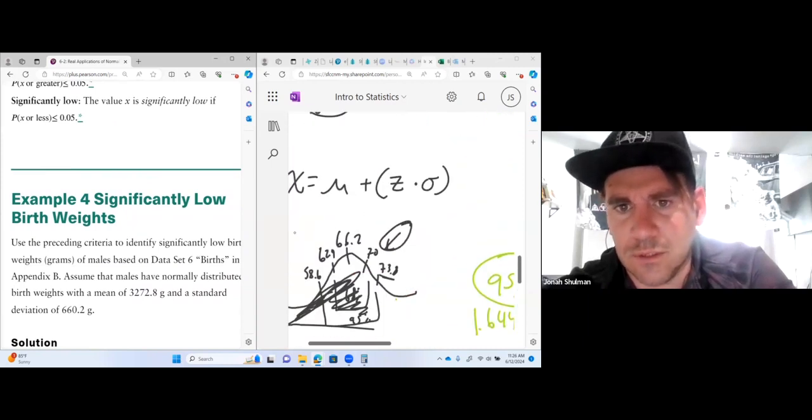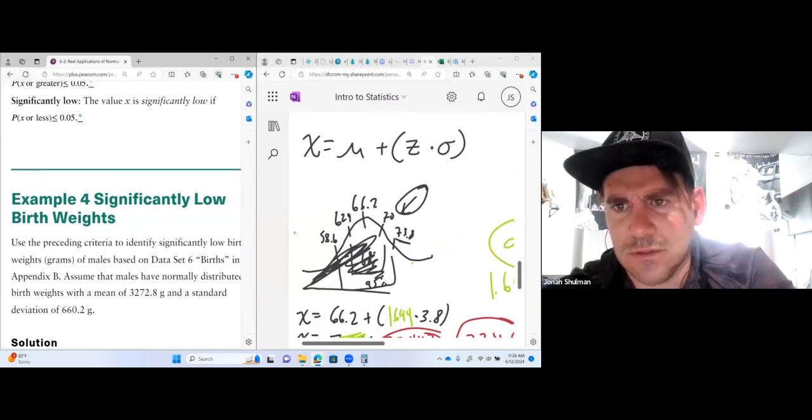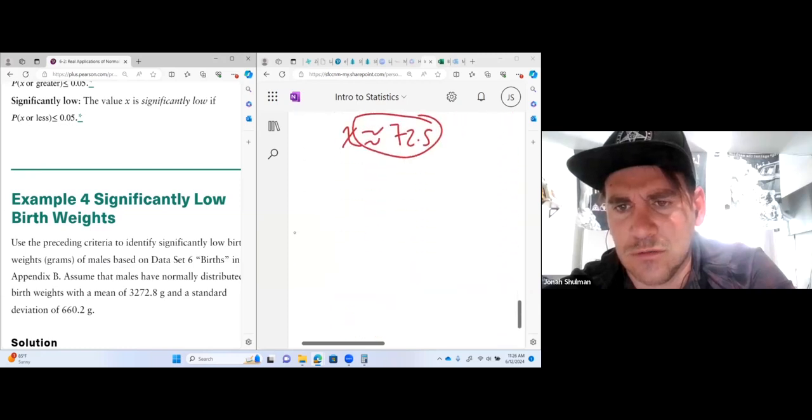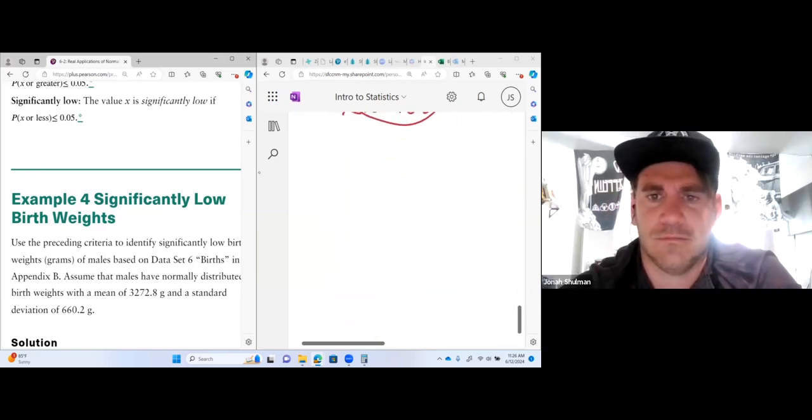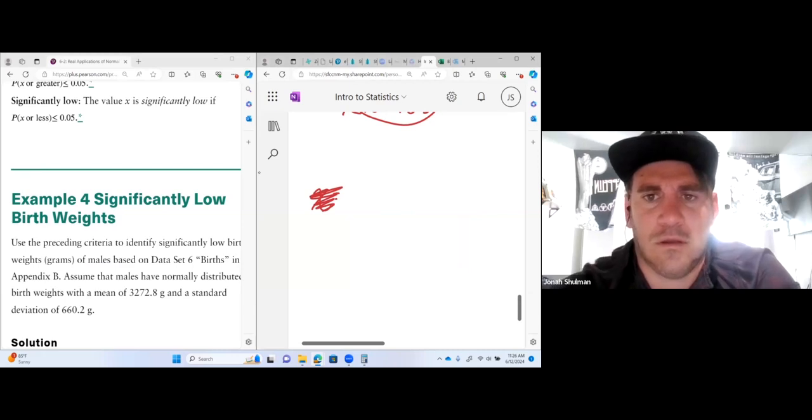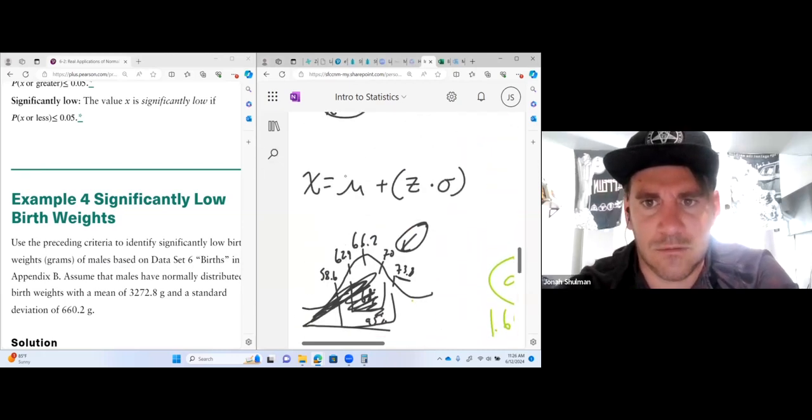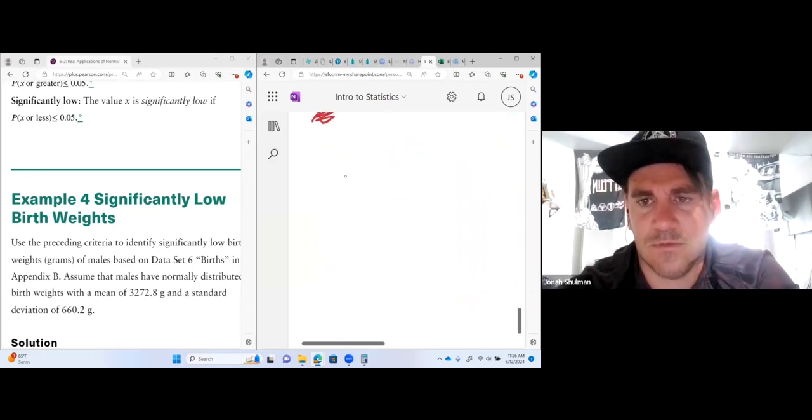So significantly low. We have our little formula: X equals mean plus Z times standard deviation.